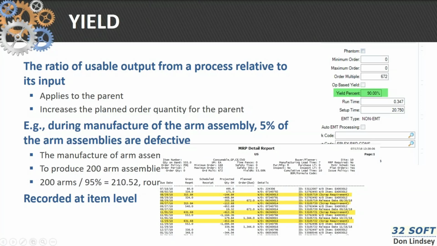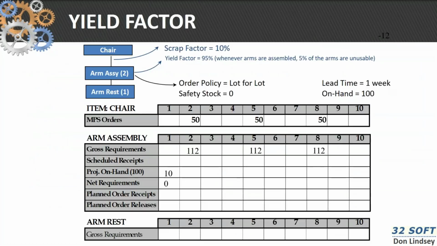If we look at that, we can see that this scrap factor of 10% says that you're going to add 10% to the bill of material for that, and you're going to go through that same netting process.